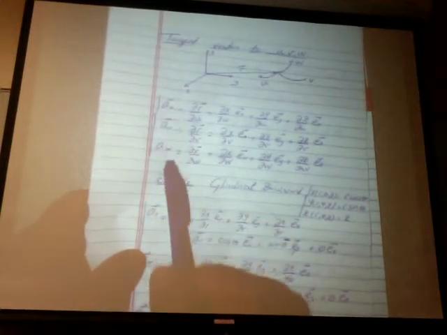So if you go back a couple pages, you see, A_u is dr du, A_v is dr dv, A_w is dr dw. These are the tangent vectors in each of the directions, and you can see them here.